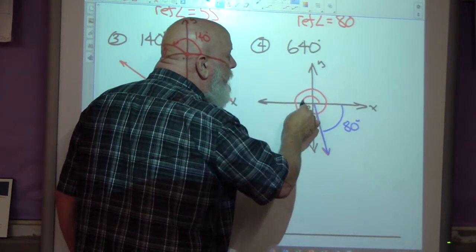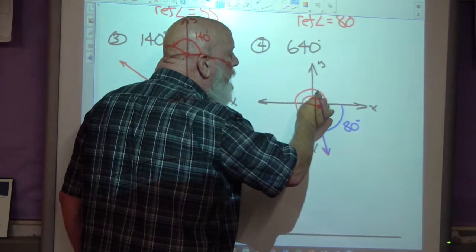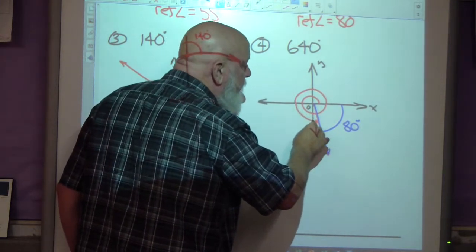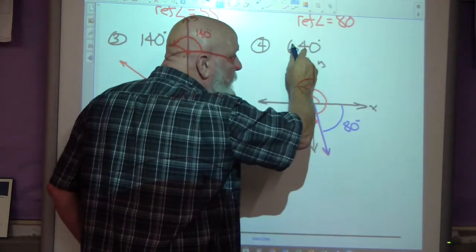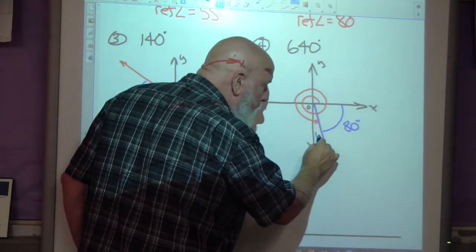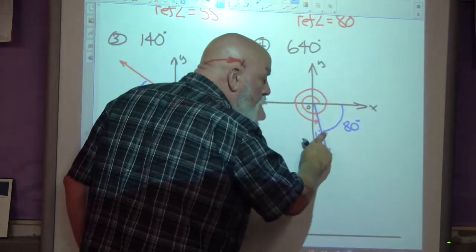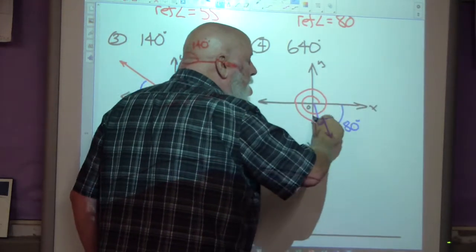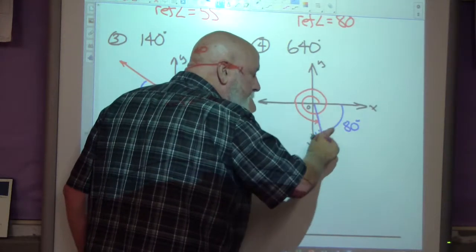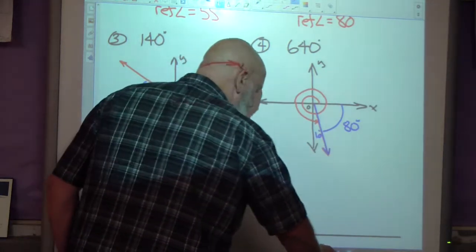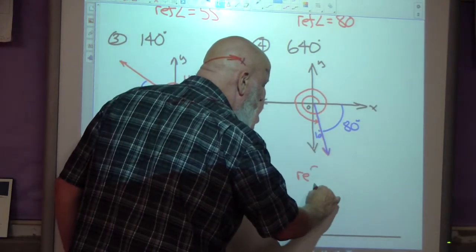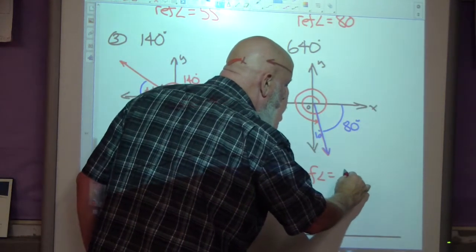So we went 360 plus 90 is 450, 540, 630. If we went to 640, that makes this a 10 degree angle. Means that this, what we're looking for, between the terminal side and the nearest x-axis has to be 80 degrees. So our response would be the reference angle is 80 degrees.